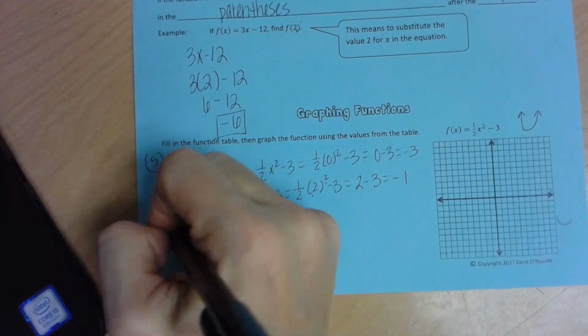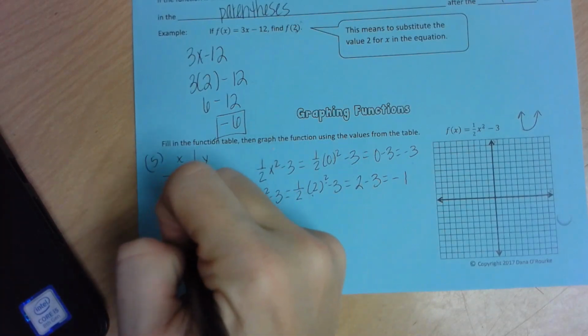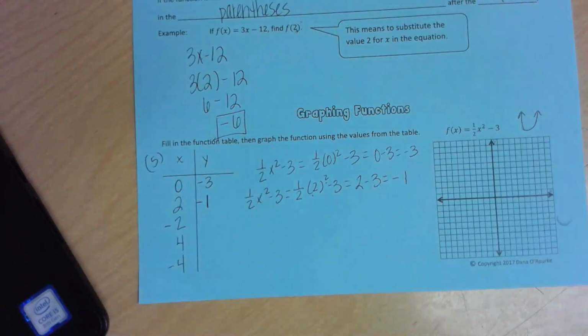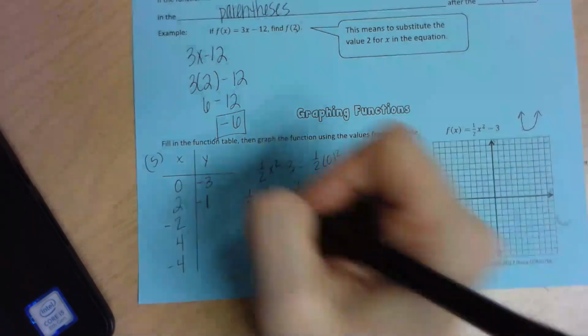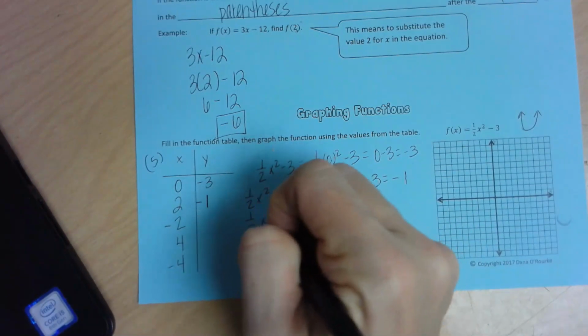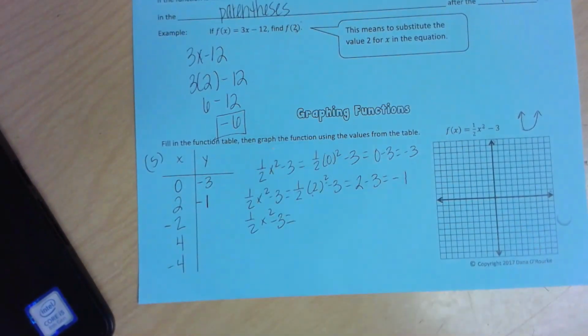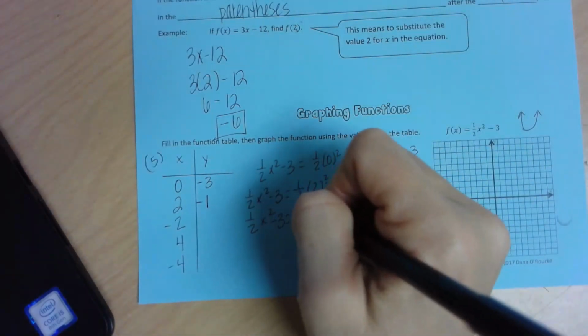Okay, I'm going to do the same thing with negative 2. Alright, and I'm going to go ahead and write these down. I'm going to use 4 and negative 4 because they're close together, and it'll make it easier because I want to use something that's on this graph. So, when I plug in the same thing here, let's see what happens. But now, remember that this is why it's important for our squareds that we put our negative in our parentheses.